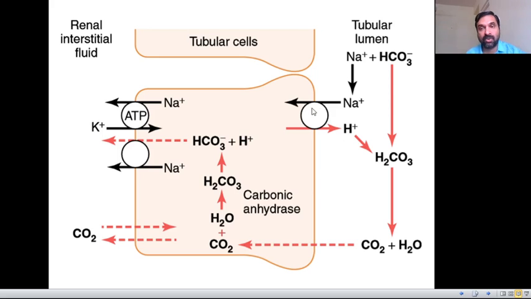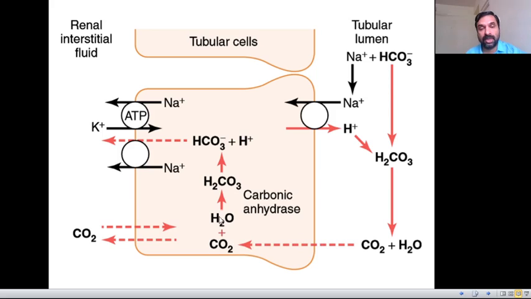Sodium-H+ counter transport in the early part of the PCT is associated with bicarbonate reabsorption. There will be filtered bicarbonate in the renal tubule. The secreted H+ combines with the filtered bicarbonate to form carbonic acid, which splits into CO2 and H2O and diffuses into the renal tubular cell.